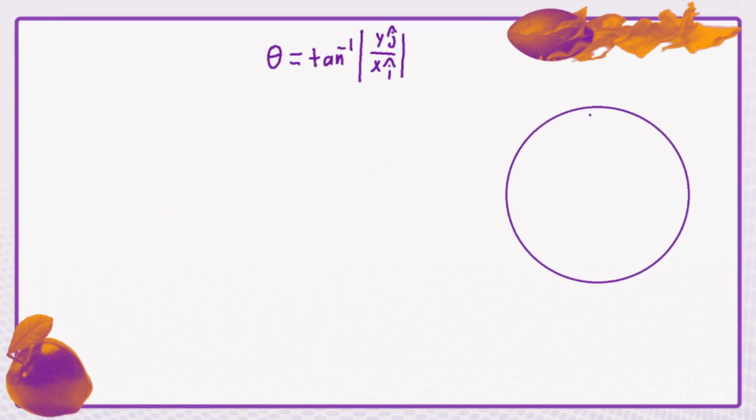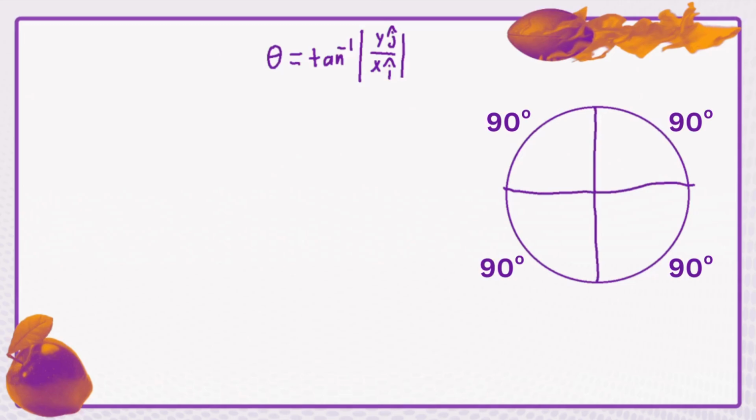If you remember from pre-cal, the unit circle is made up of 4 quadrants, each 90 degrees wide. This inverse tangent equation only works in the first quadrant, from 0 to 90 degrees. In order for it to work in other quadrants, we need to add or subtract the inverse tangent from a certain amount of degrees for each quadrant.